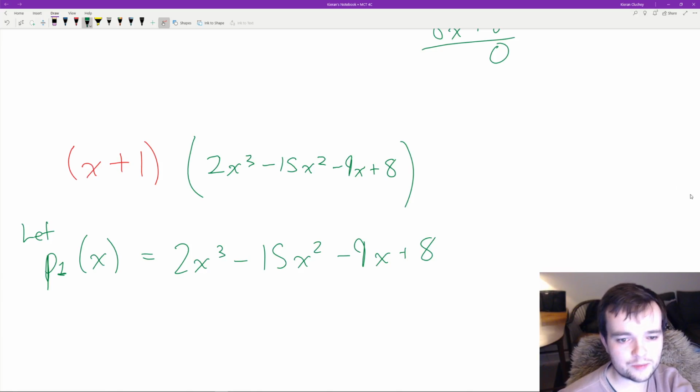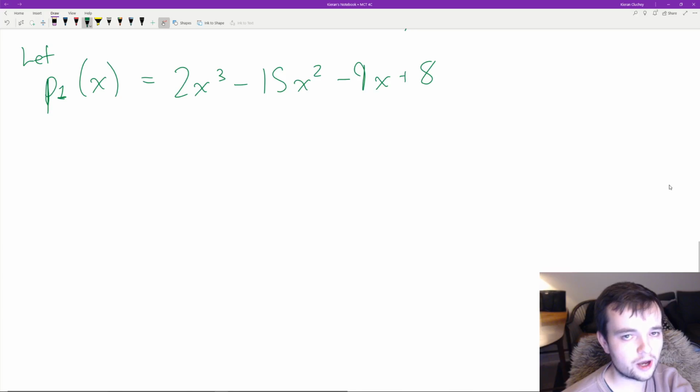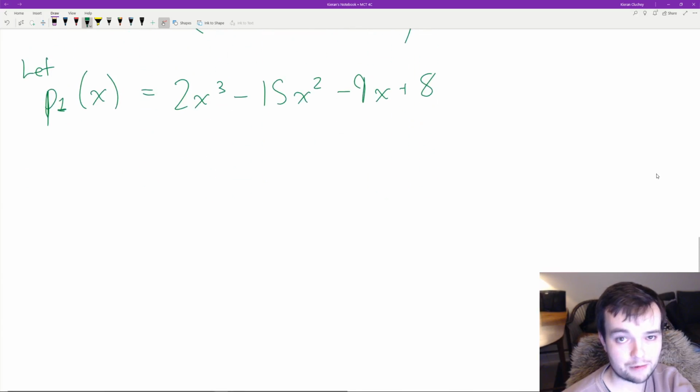And it essentially becomes the same problem we just had, except with a smaller degree. So now we have only a cubic. So I've already figured out one of the factors. I will now reduce this cubic down. We'll find out another factor for us. Okay, so again, we have to think about factors of 8.